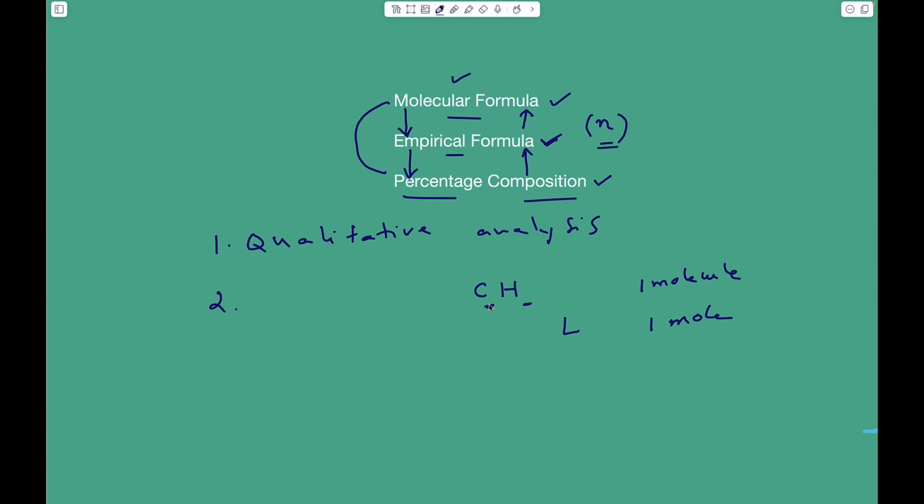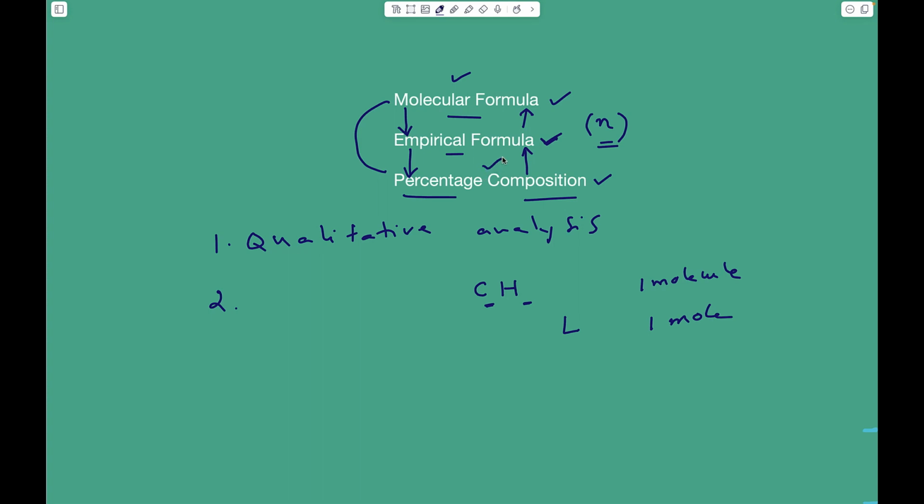So, to figure out the values of these subscripts, we have to take an indirect approach. So, to complete the molecular formula of a compound after qualitative analysis, we need to know the values of these subscripts. And for that, we have to take an indirect approach. What we do is, we take a small sample of that compound and go to a laboratory to find out its percentage composition experimentally.